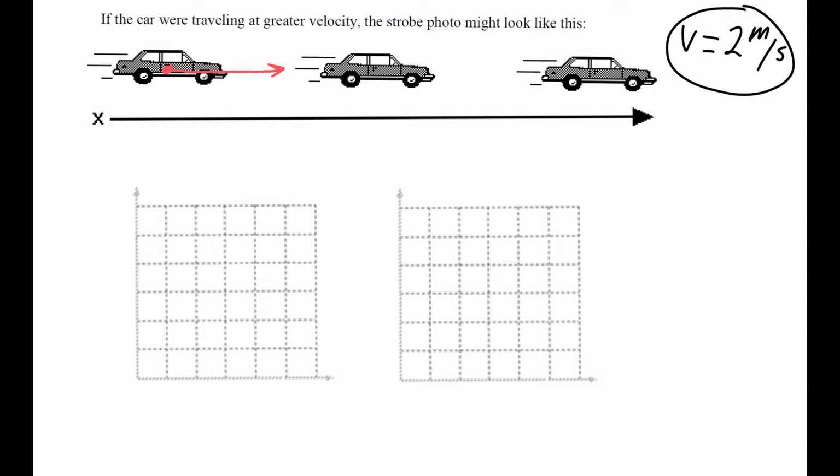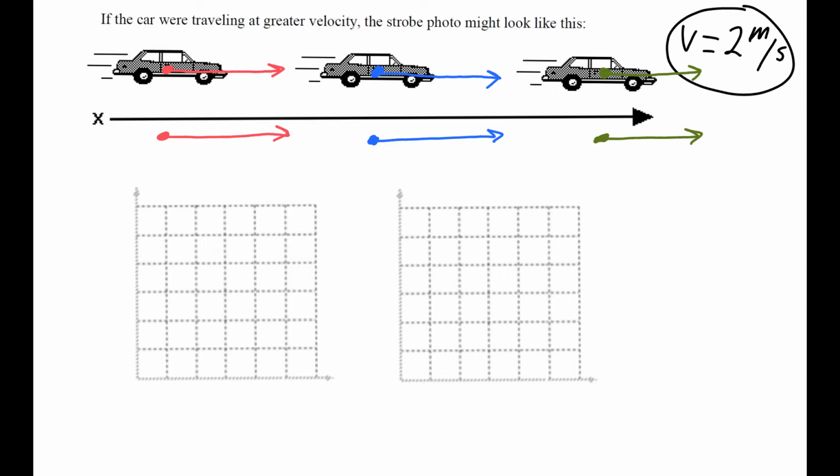This time the velocity is greater, so our arrows are going to be longer than for the previous problem. So there's the first strobe, the second strobe, and then finally our third strobe.